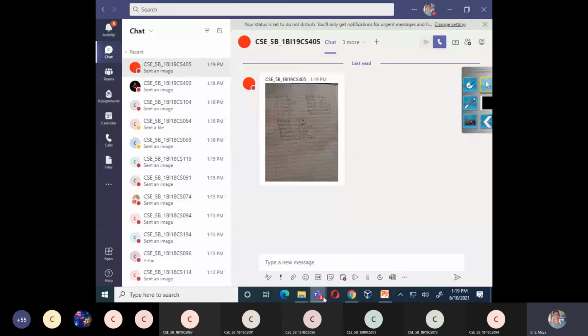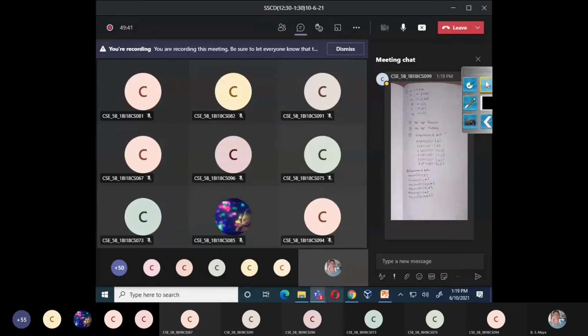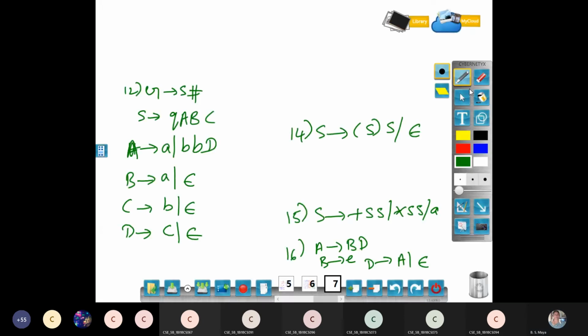Okay, let me go for the problem. See, is the explanation required for the 12th problem? See, first of A. I am doing follow of A. You have first of B. What is the first of B?